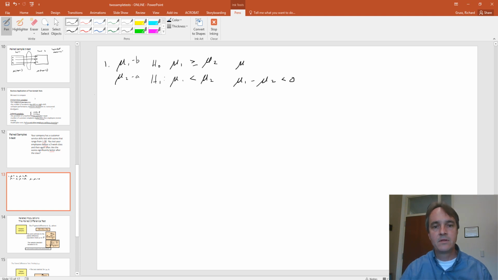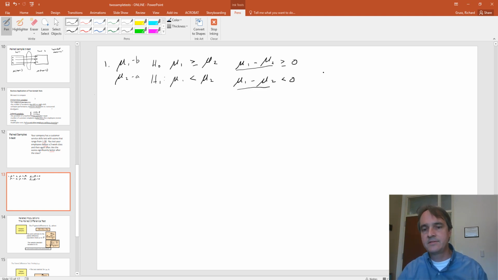Another way of writing the alternative, so that we include a 0, is mu1 minus mu2 greater than or equal to 0. Now, this particular statistic can be written in this case as mu sub d.